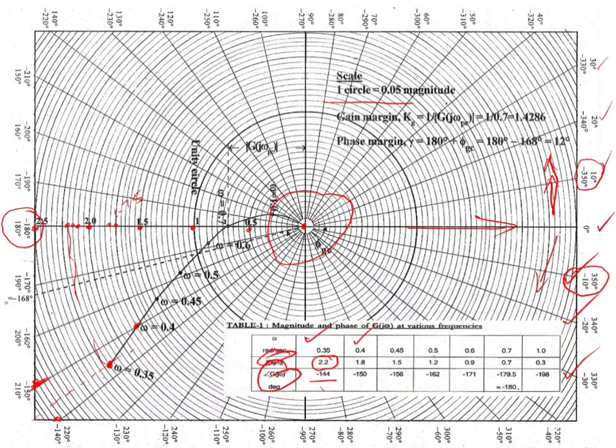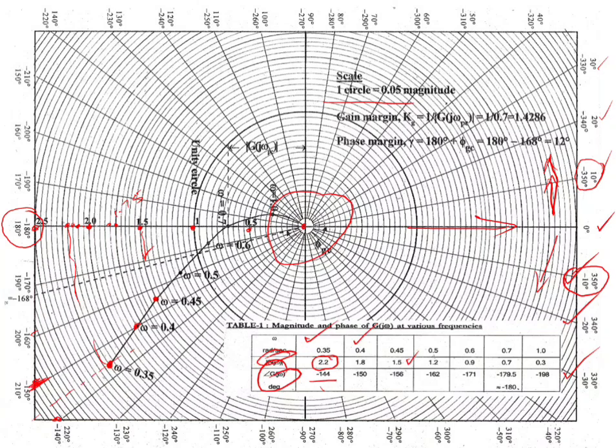The second point. The third point is 1.5 and -156. 1.5 is this circle, and 156 will be in between -150 and -160, almost at the center. This is the point which represents 1.5 and -156.